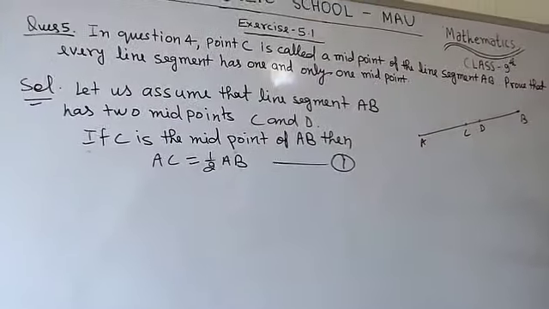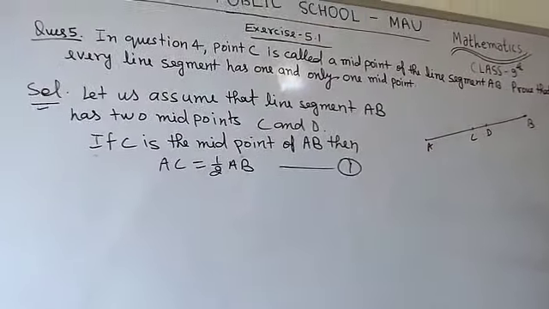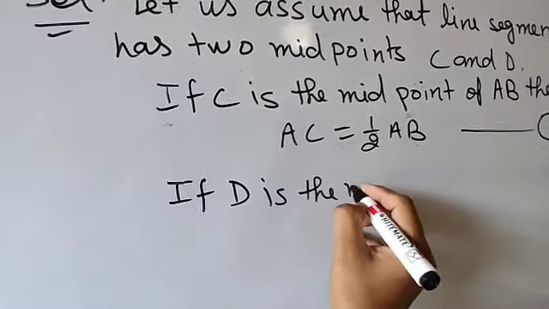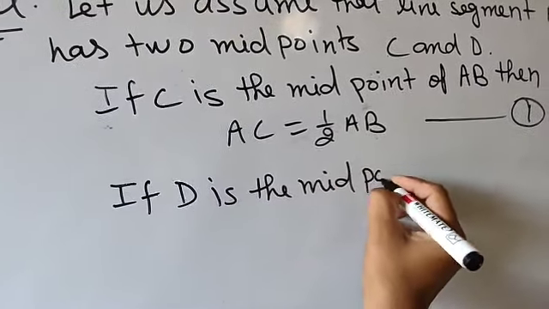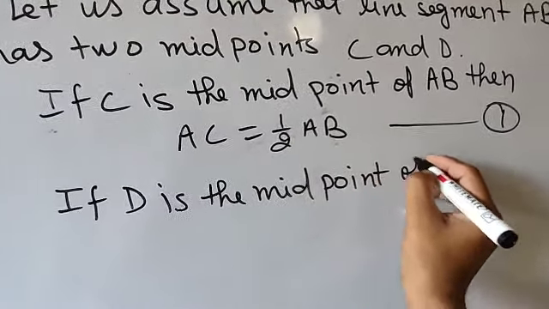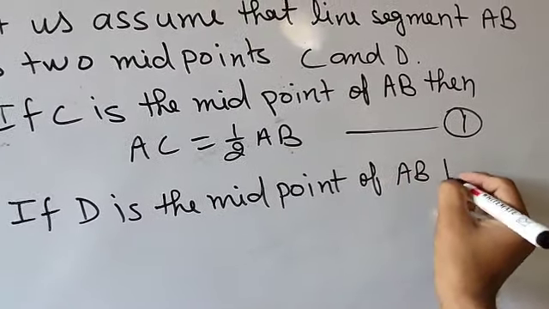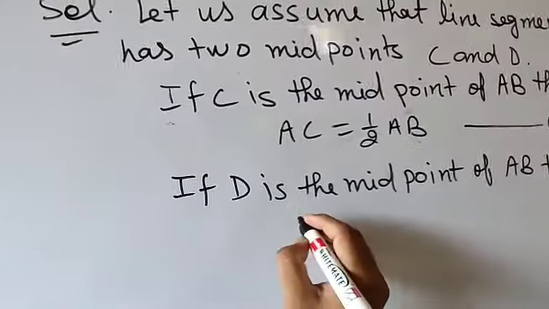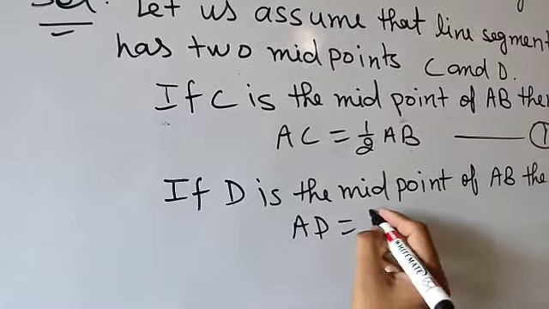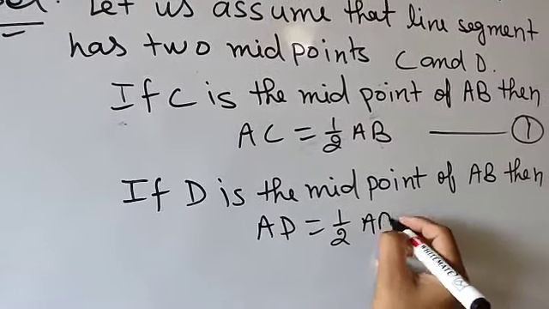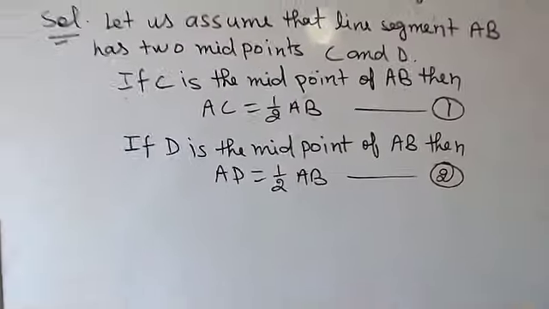Again, if D is the midpoint of AB, then AD equal to half AB. That is equation 2.